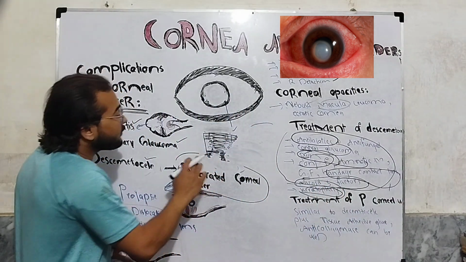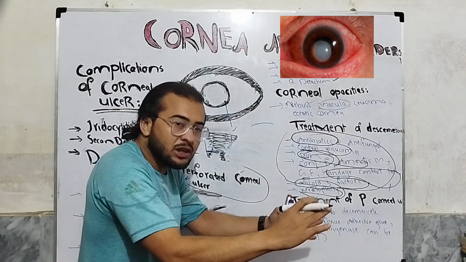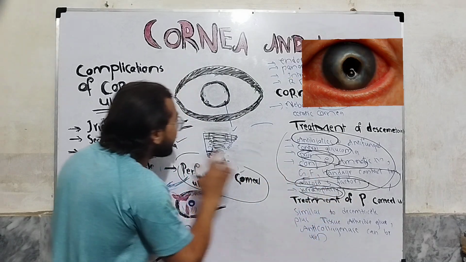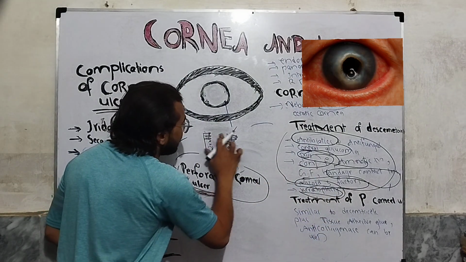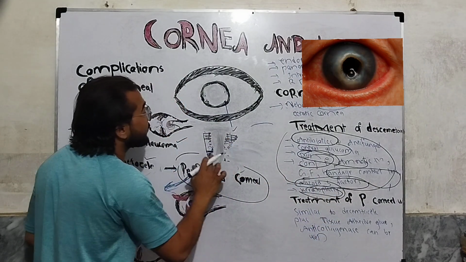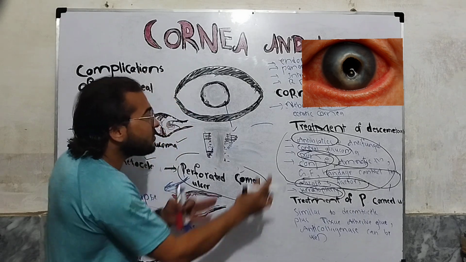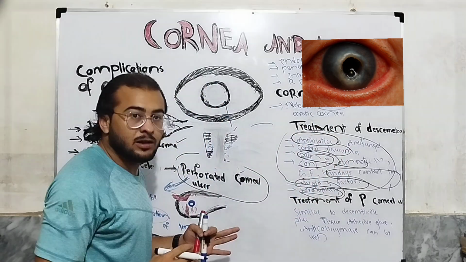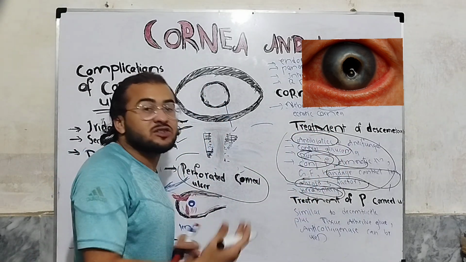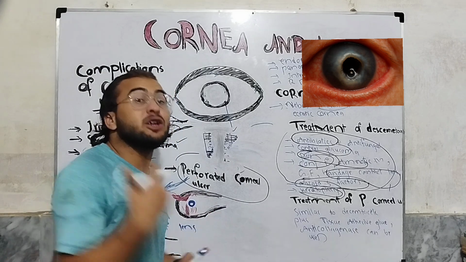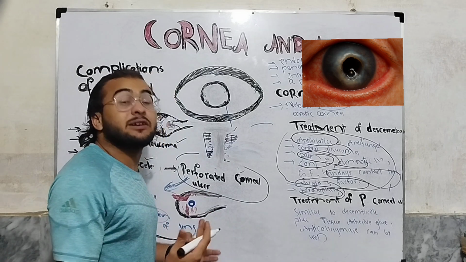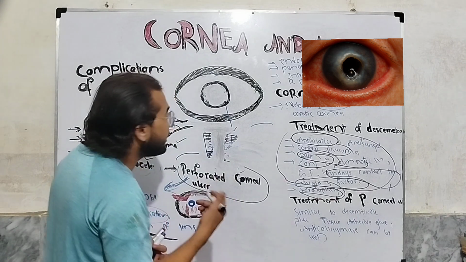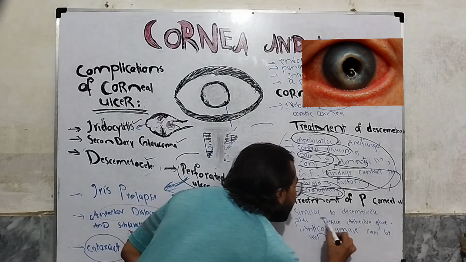So the final remedy is keratoplasty. Now if the descemetocele is perforated, how can we treat? If this is a perforated corneal ulcer, it is treated like the descemetocele, but we can also give some additional drugs like anticollagenase, tetracycline, and tissue adhesive glue.